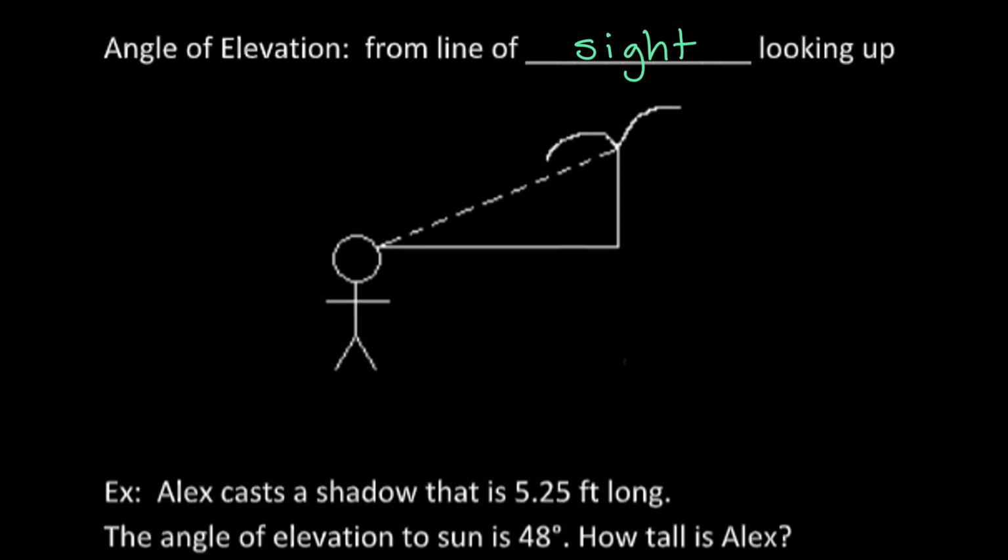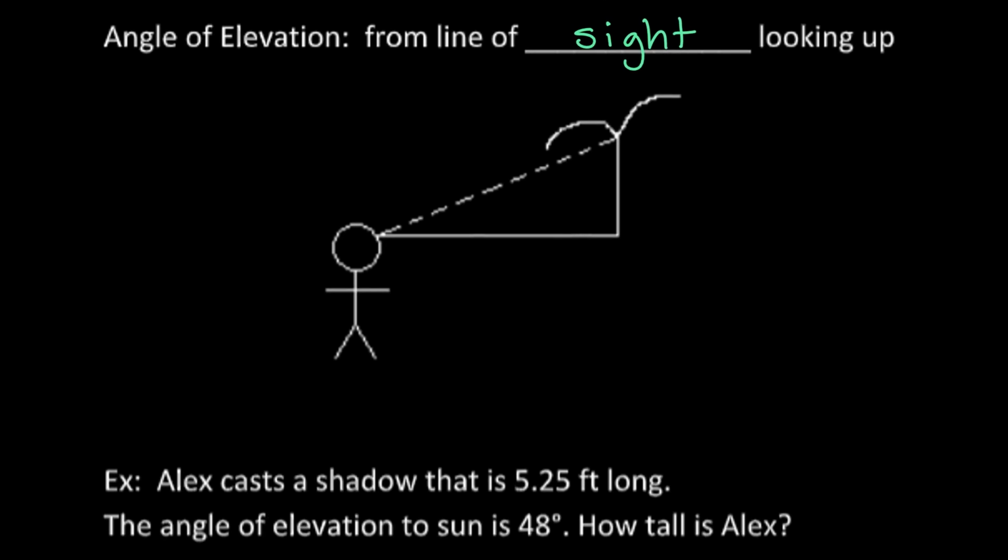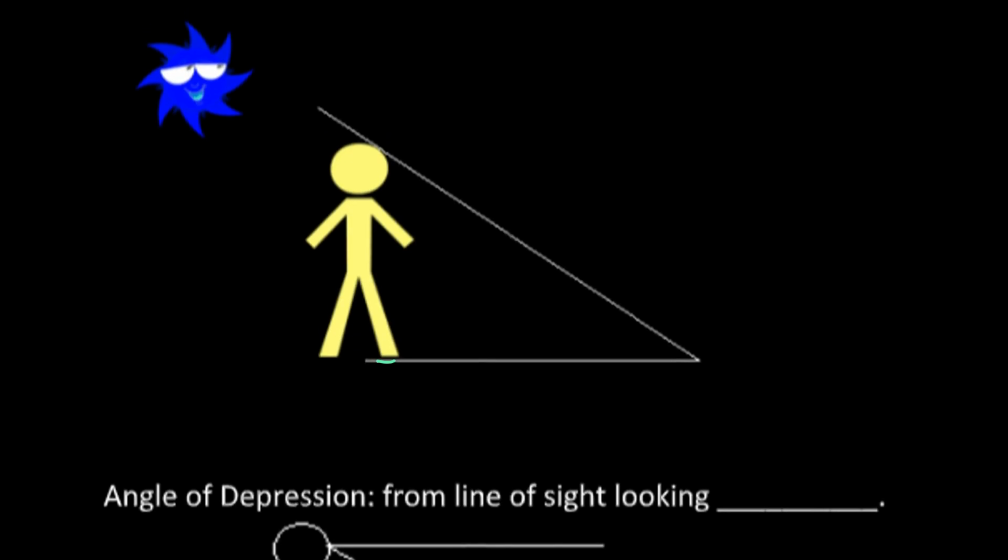Now, this line of sight is a line in your diagram. It could either be from a person's eye, so clearly you can see, okay, straight ahead is their line of sight, or like in the bottom problem, it is a line that is just parallel with the ground.